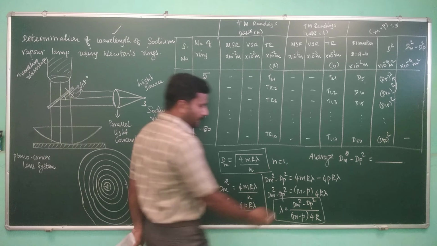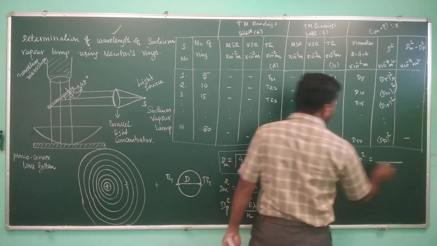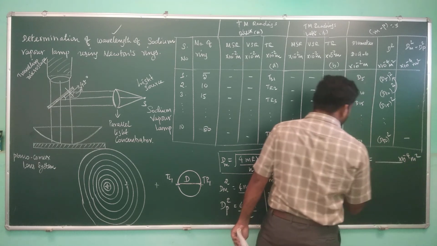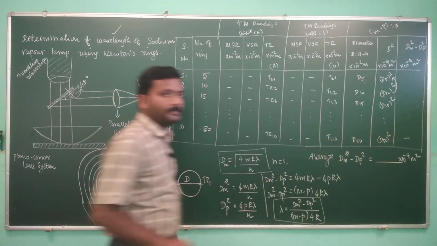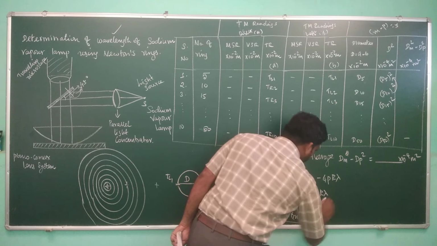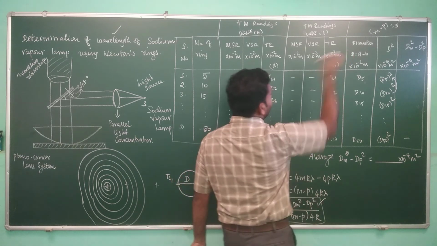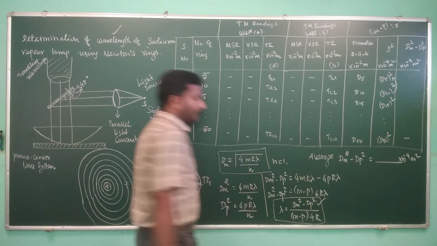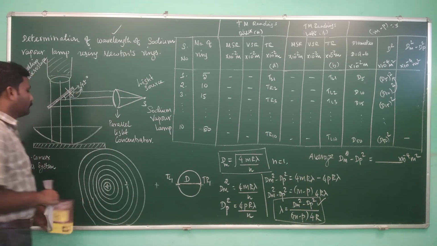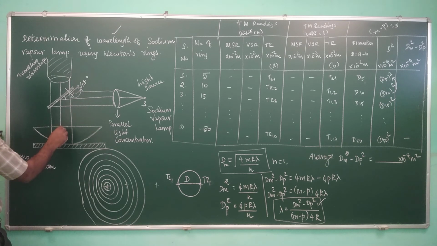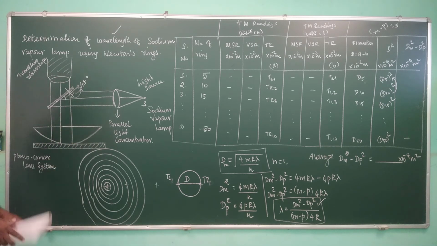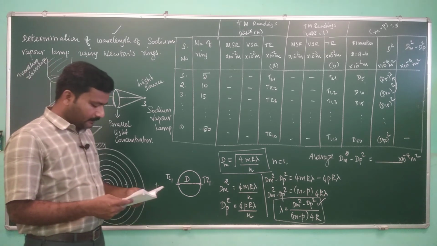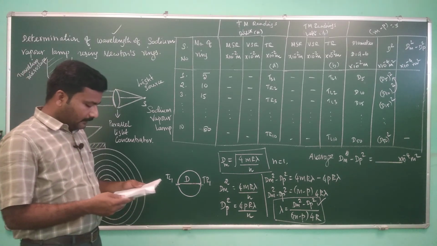See, this is the equation to calculate the wavelength of the sodium vapor lamp used for this experiment. Here Dm square minus Dp square we have obtained from this tabulation. We have defined m minus p, which is equal to 5 in our example case. So this is also defined, and 4 is a constant. If you know the radius of the convex lens of the plano-convex system, then we can calculate lambda.